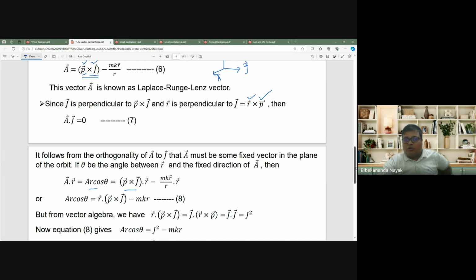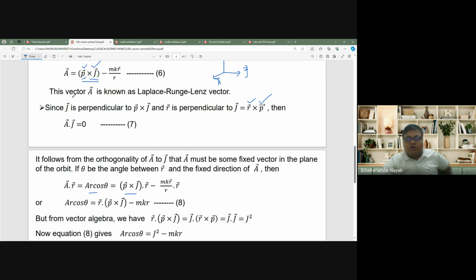You put the value of A here. So A dot r is equal to P cross J minus mk r by r, dotted with r, and this is equal to A r cos theta.